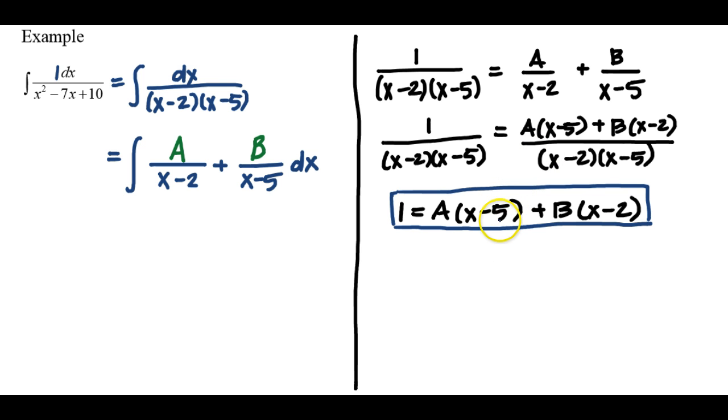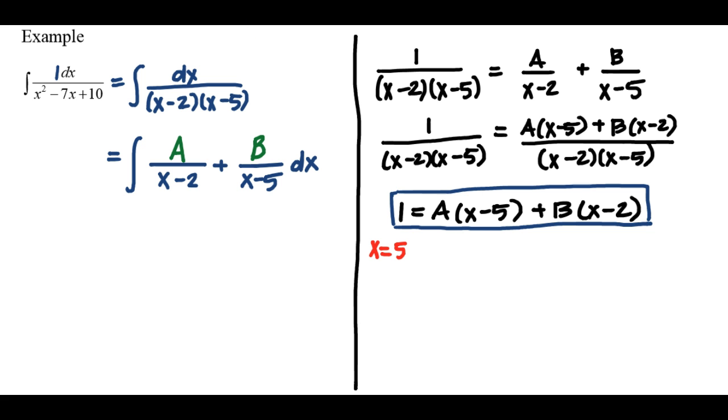Alright, so to do that, here's what I'm going to do. The first thing I'm going to do is I'm going to go ahead and let x equal 5. So if I let x equal 5, that's going to force this a term to disappear completely. So we'll show that work.